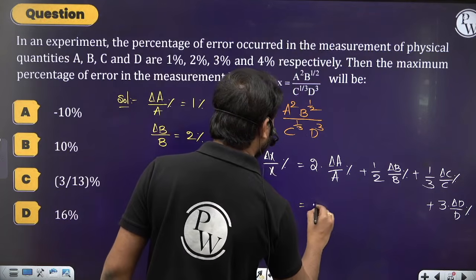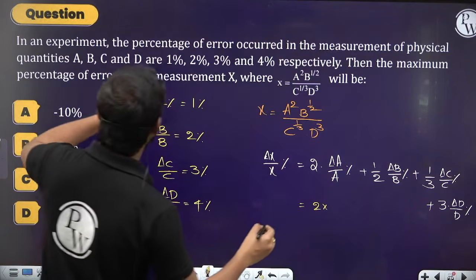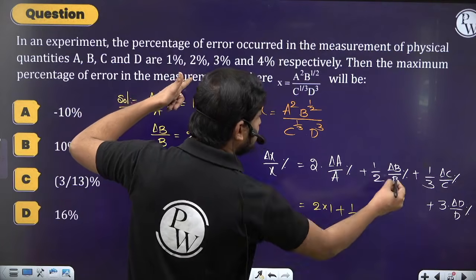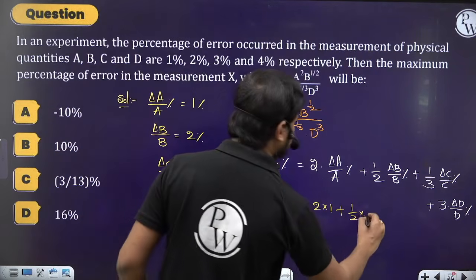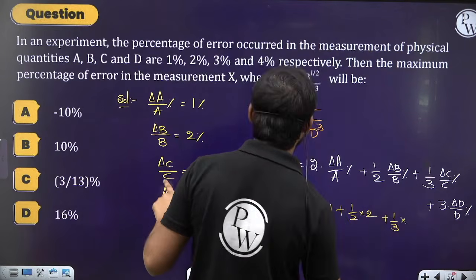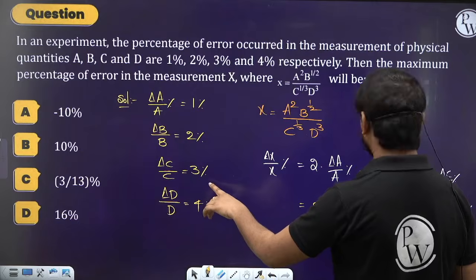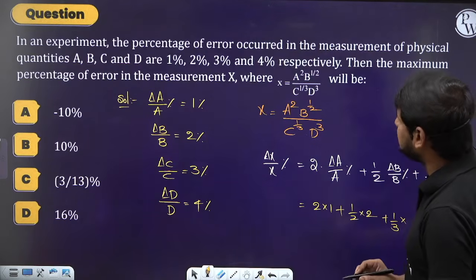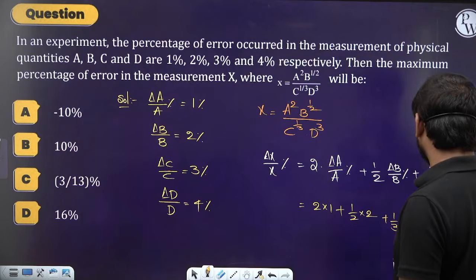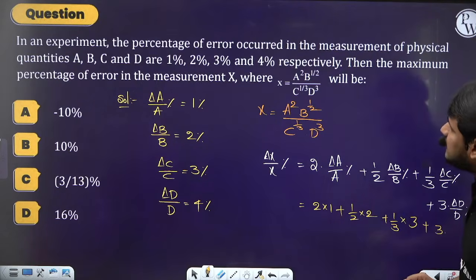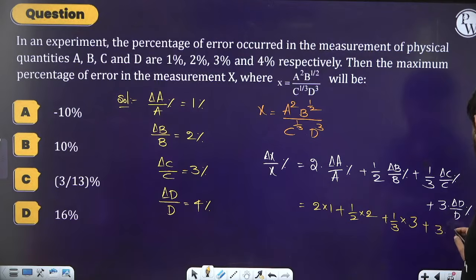So here 2 into delta A by A, which is given as 1, plus 1 by 2 into delta B by B, which is 2, and then 1 by 3 into delta C by C, which is 3, so 1 by 3 into 3. Then 3 into delta D by D, which is given as 4.